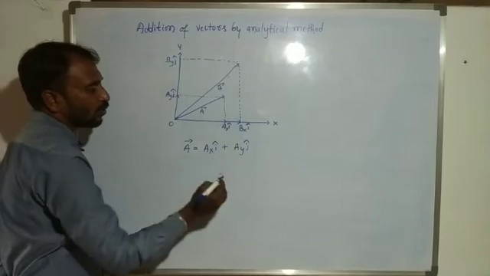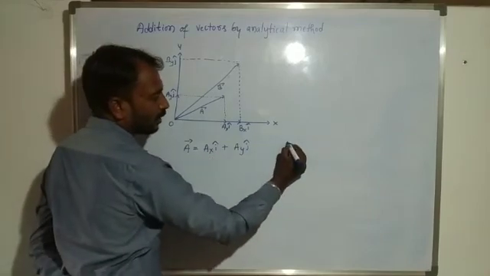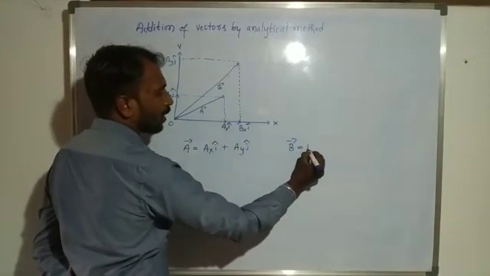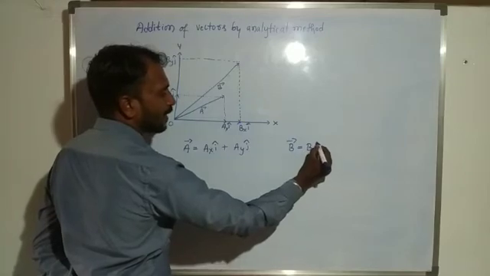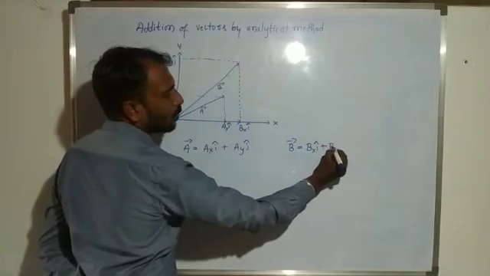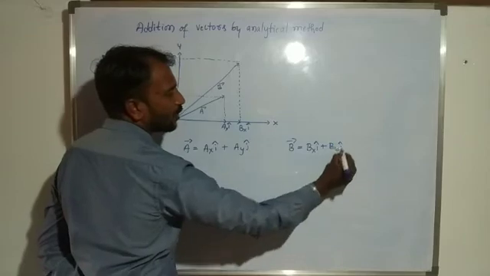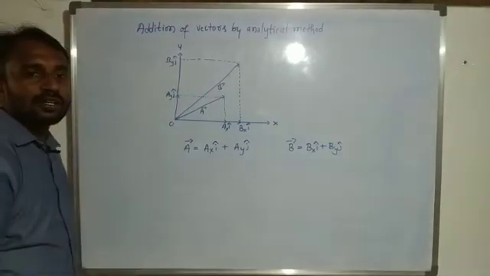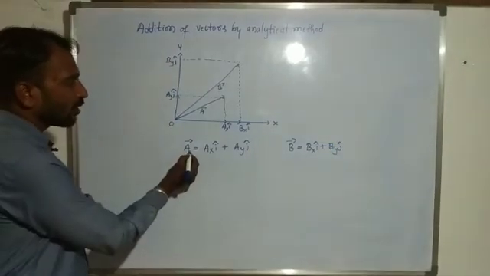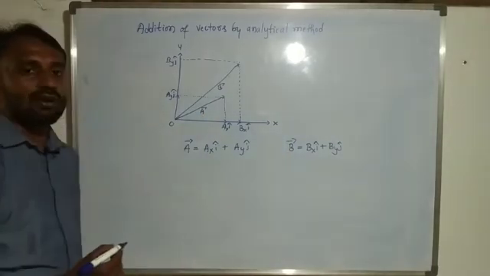Suppose we want to find vector B. Vector B is equal to Bx i cap plus By j cap. This is the position vector of B: the position vector of A and the position vector of B.